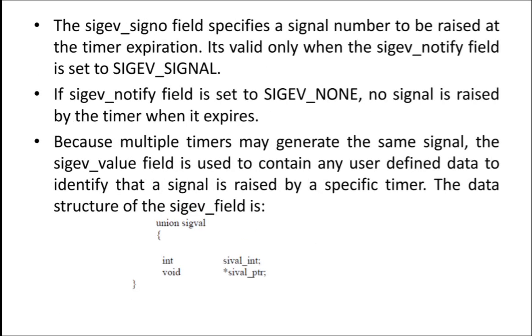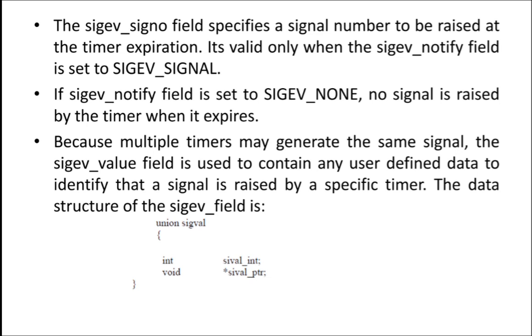Now, because multiple timers may generate the same signal, the sig event value field is used to contain any user defined data to identify the signal that is raised by a specific timer. Very simple. You know that multiple timers are supported in your POSIX.1b timers. Suppose 2 or 3 timers send the same signal, then there will be a problem.